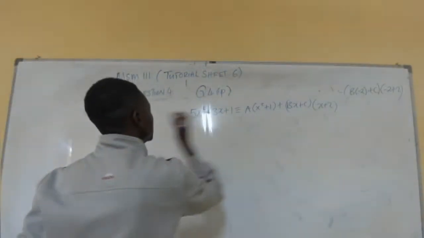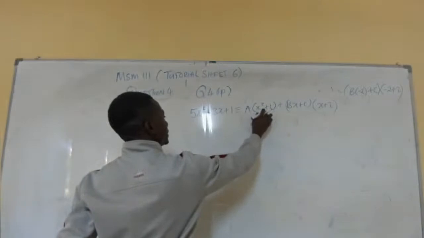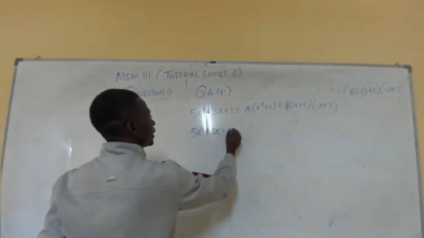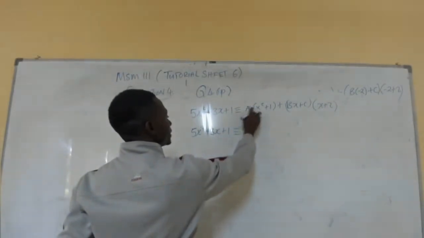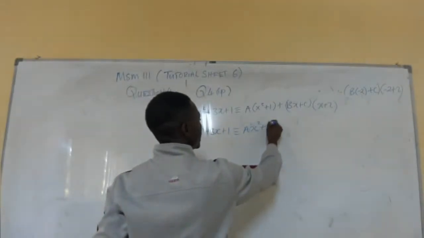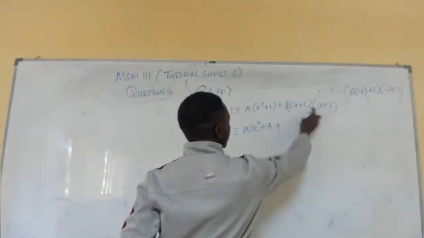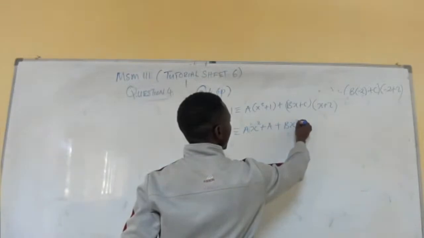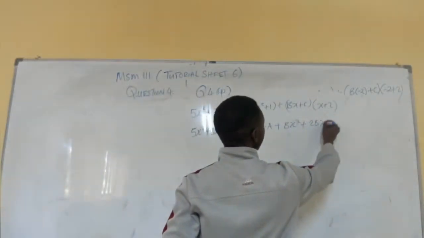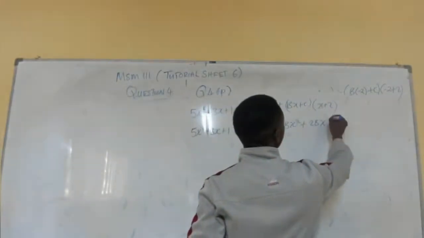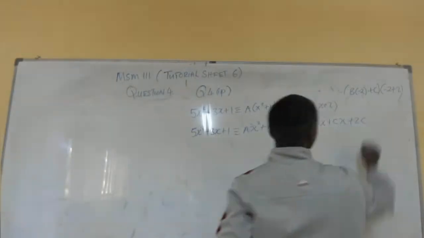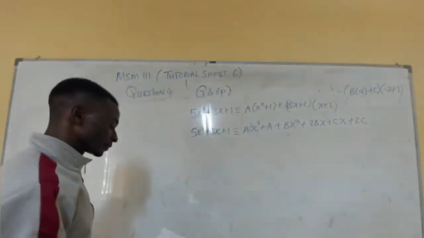Now you have to expand this. This one times that is ax squared plus a, this one times that is bx squared, this one times that is 2bx, plus cx plus 2c. So that's what you're getting.